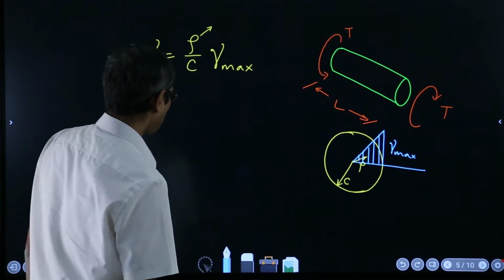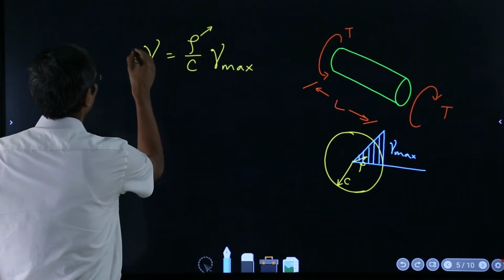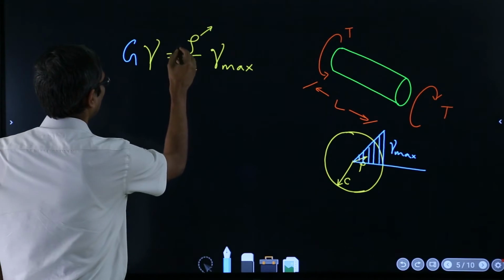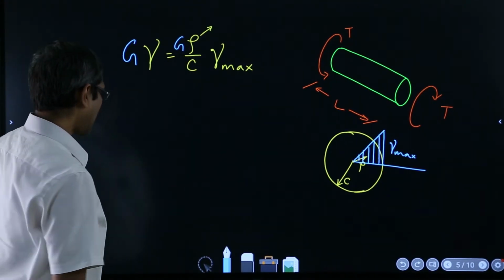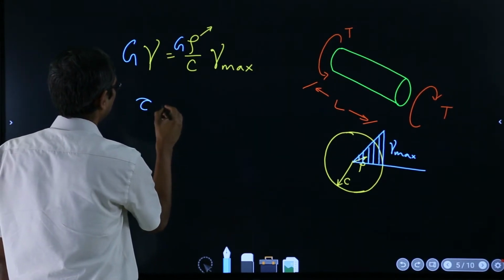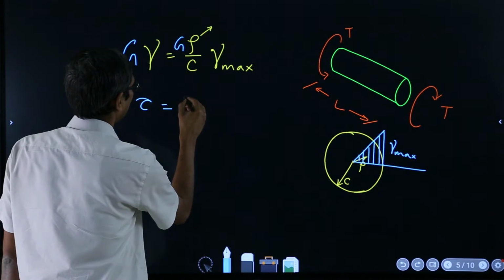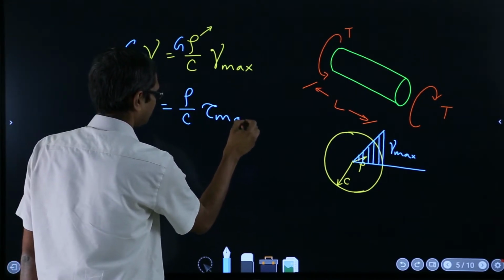So, this is how we derived it, and now what we can do is multiply by G on both sides. That will give us tau equal to rho over C times tau max.